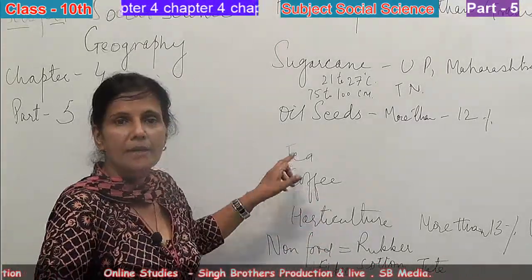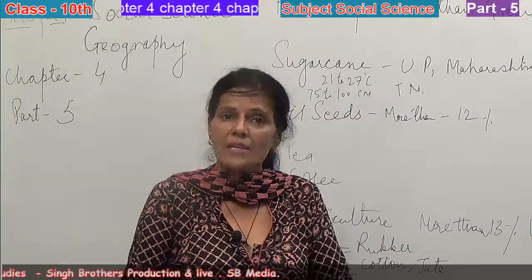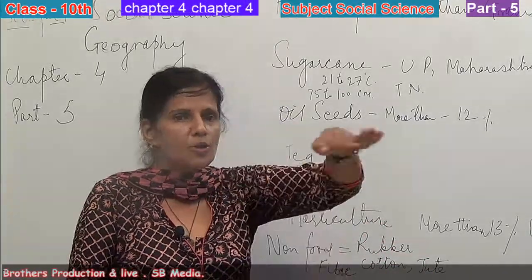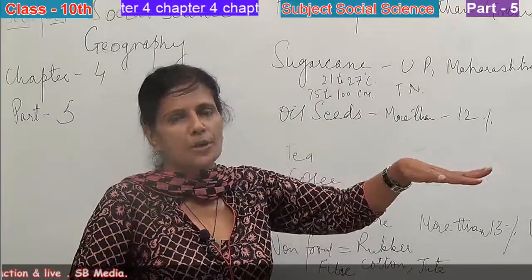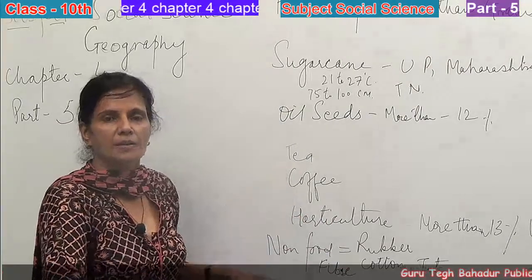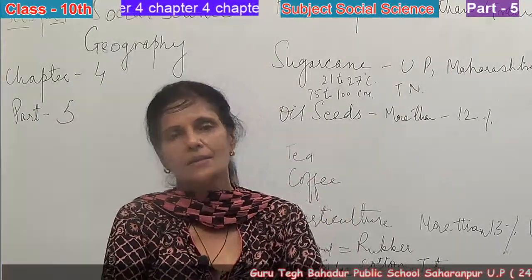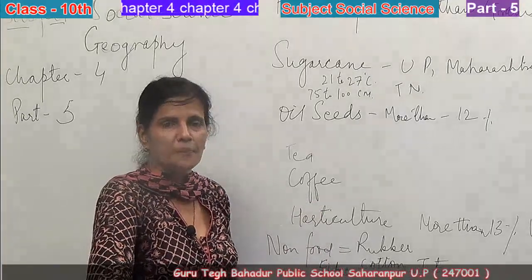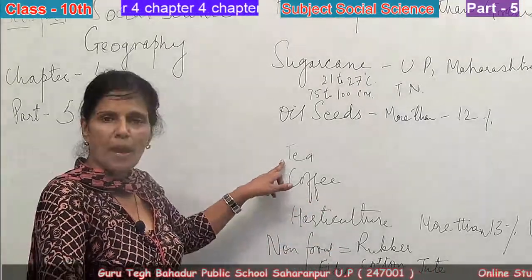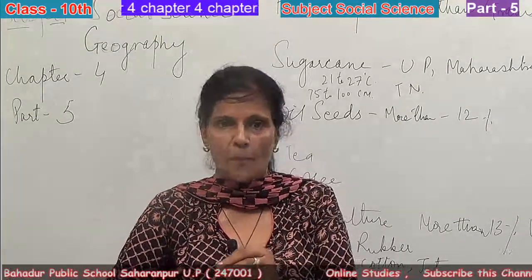However, tea grows well in tropical and subtropical areas, and it needs evenly distributed showers from time to time. Because we have read in plantation agriculture that the cultivation of tea can be done only by skilled or migrant laborers. So tea grows well in hot, tropical and subtropical areas.